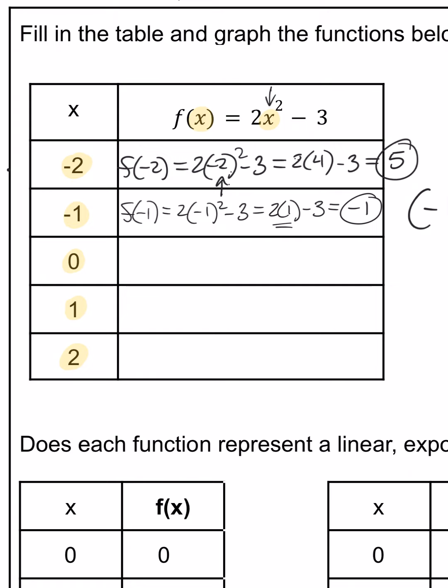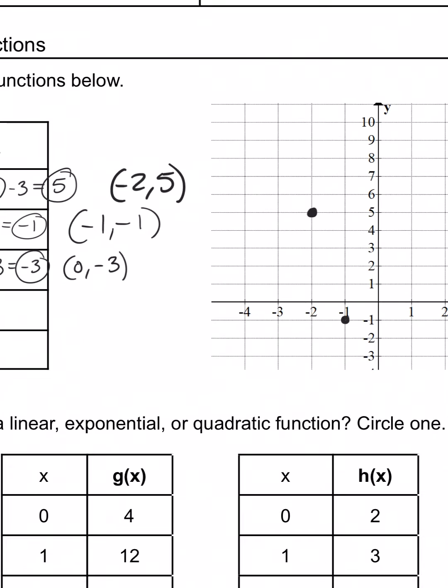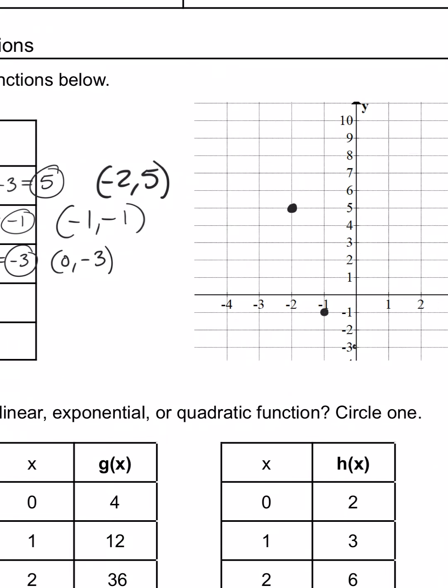Let's try the next one. We want to plug in 0. We have f of 0 equals 2 times 0 squared minus 3. Well, this one's easy. Anything times 0 is 0. We have 0 minus 3, and that equals -3. Our point is (0, -3), right here.